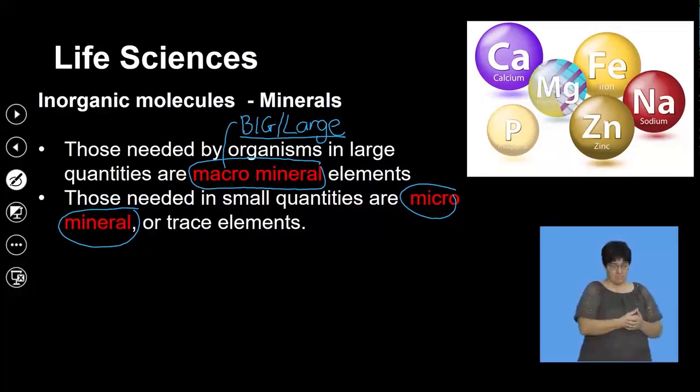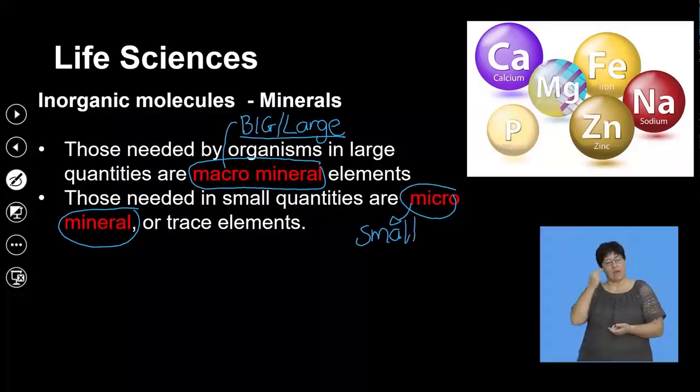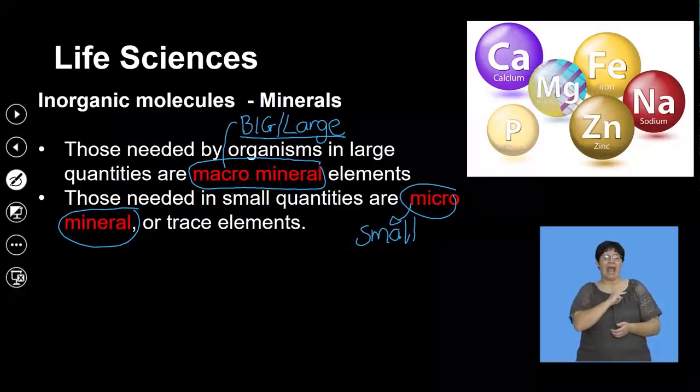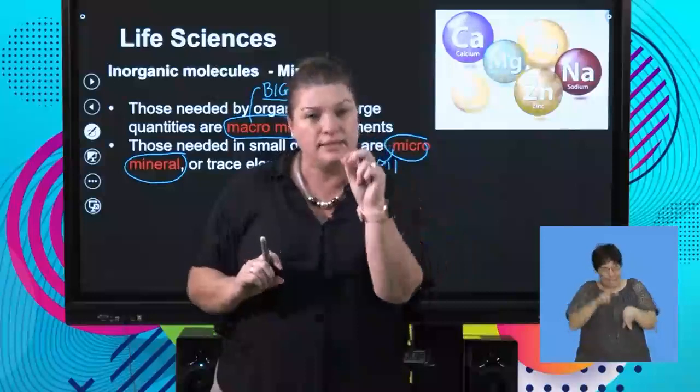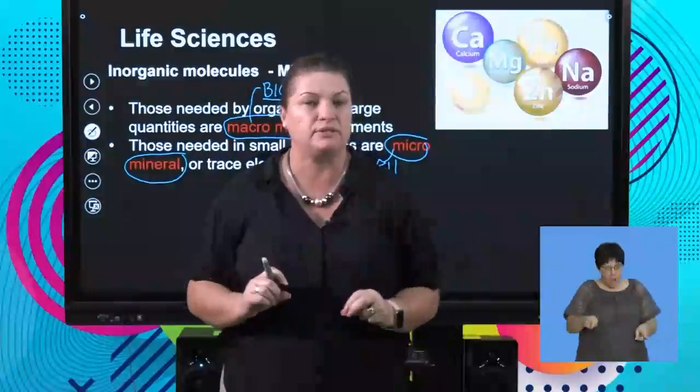Then some minerals we need in micro amounts. What does micro mean? It means small. Now, don't be under the impression that because it says micro, it means it's not important. It just means that we need it in smaller amounts in our diet.